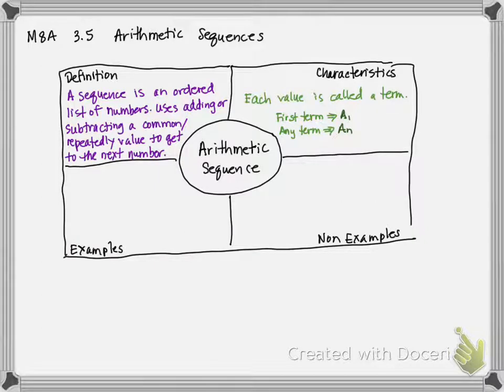And since we don't know exactly who he is, we just use an n to represent some number in the sequence. And then, remember how it said that there was this common repeated value, let me fix that. Repeated value, there we go.